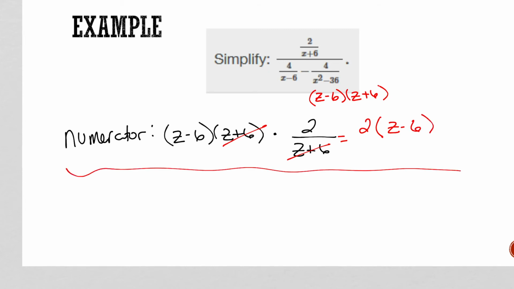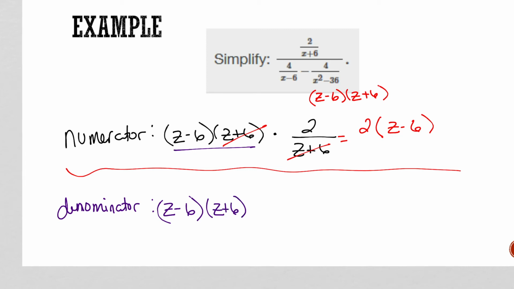My denominator is, I'm going to multiply by this again, the common denominator, times 4 over, oh, by the way, let's put that in parentheses.